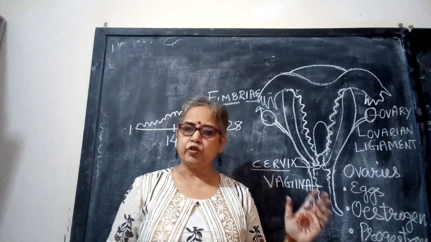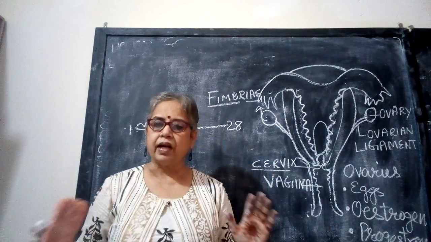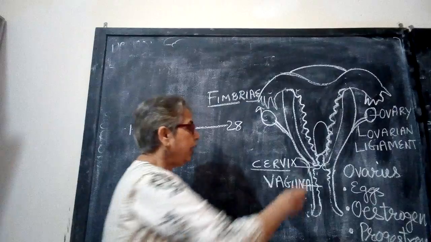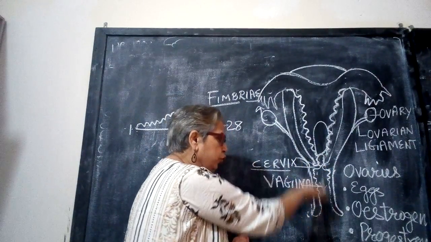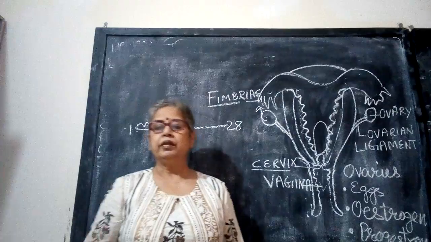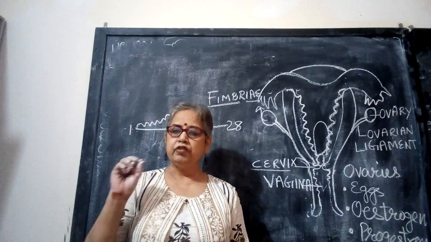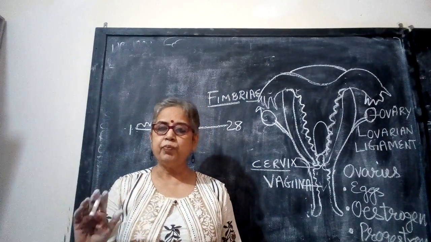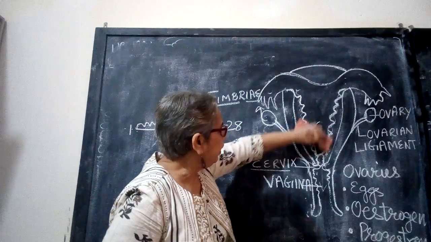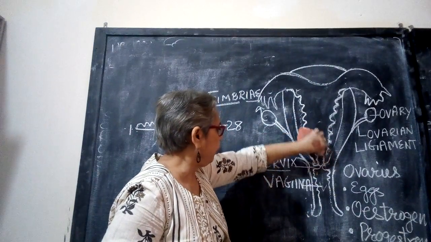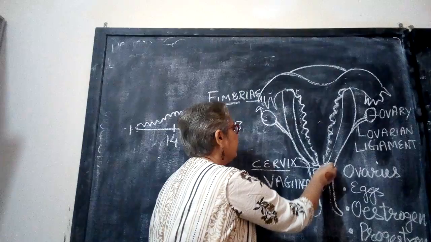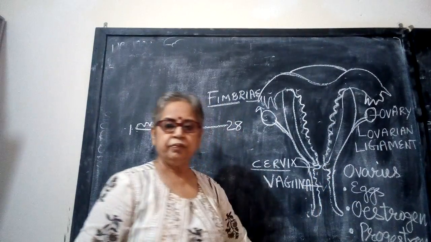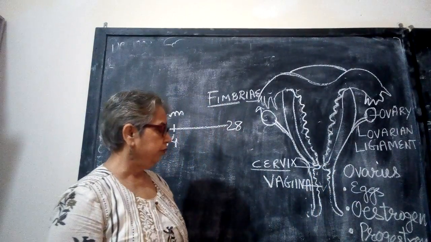The female is said to be in labor. The cervix dilates, opens, and the baby comes out through the vaginal canal. This is called normal birth, vaginal birth, and this birth is very healthy for the child because the child becomes more resistant towards diseases.